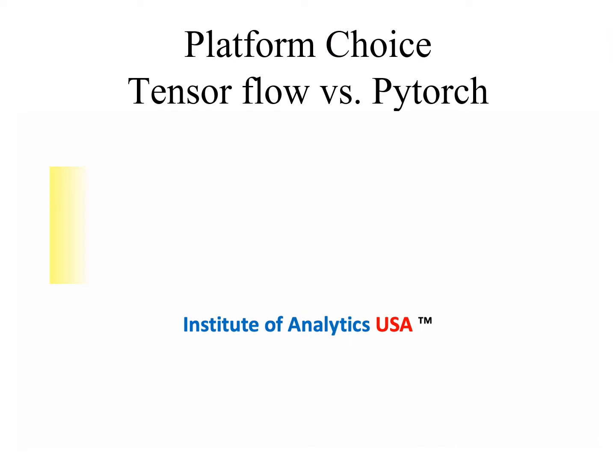Often there is a common question as to what platform one should choose for deep learning. Is it TensorFlow or Pytorch? The foundation for TensorFlow is Keras, and TensorFlow subsequently bought or folded Keras into its management, and Pytorch uses the components of TensorFlow.